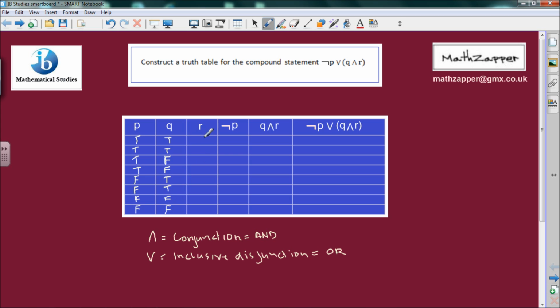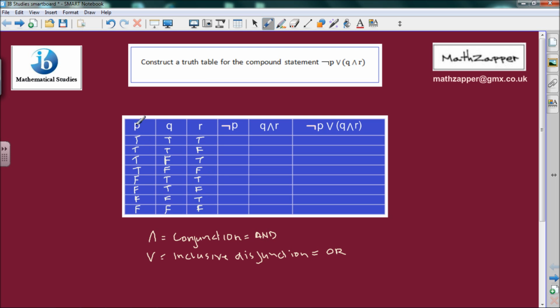And finally, the only other alternative for R is simply to alternate them: true, false, true, false, true, false, true, false. And this is a good way to get this down.